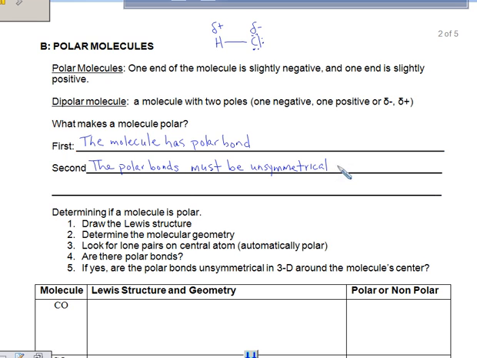Around the central atom. In other words, the molecule is lopsided in some way.